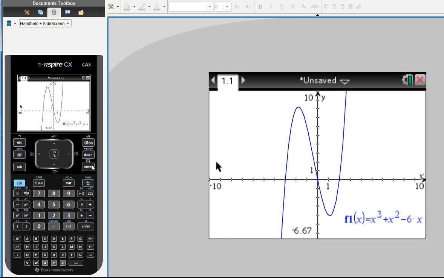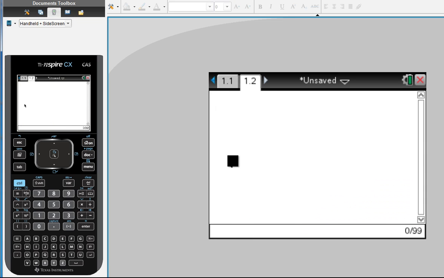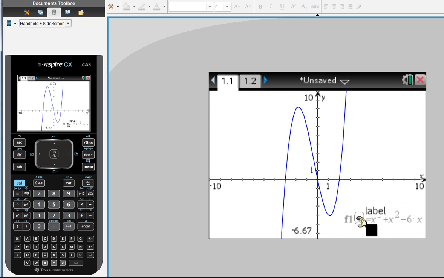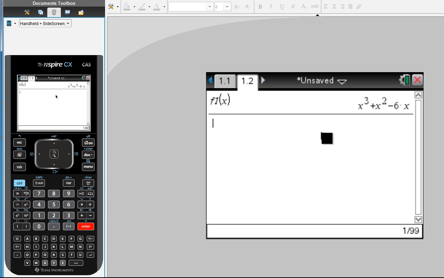Let's do it like this. Remember, we can go to a calculator page. Since we already did function f1, we still have f1 defined. So if I just type f1 of x, you see that we have the function here. Now I want to define the second function f2 of x, not equal to, but the define symbol, which is colon is equal to.